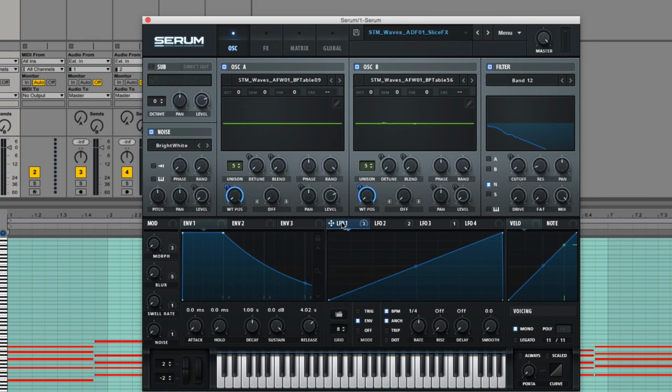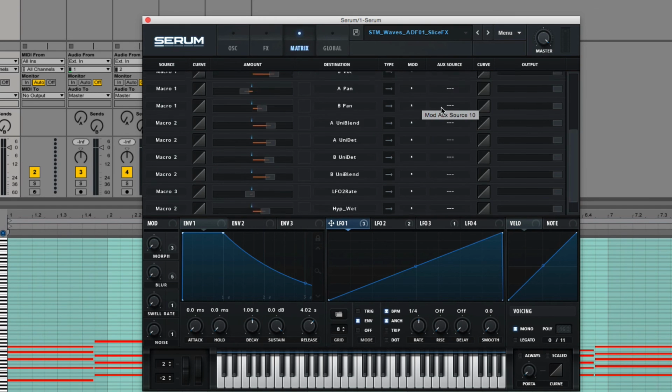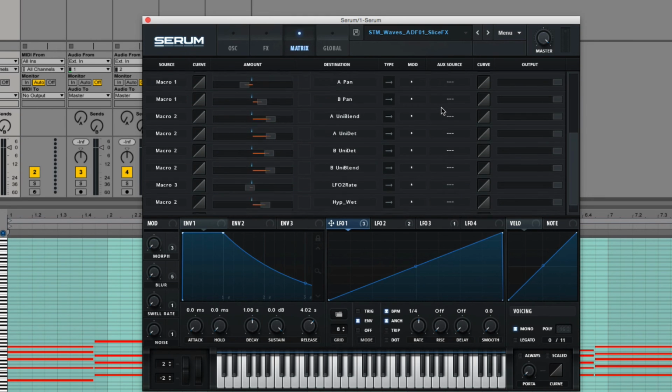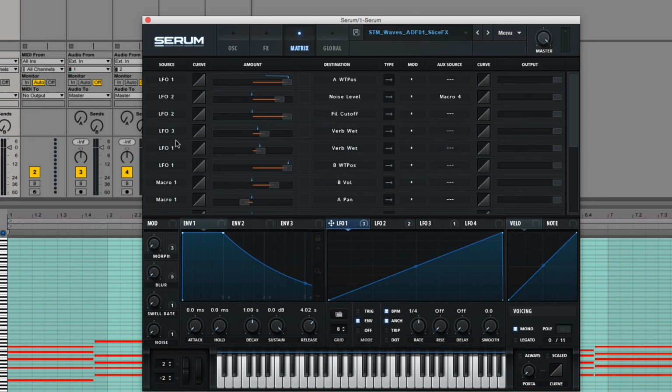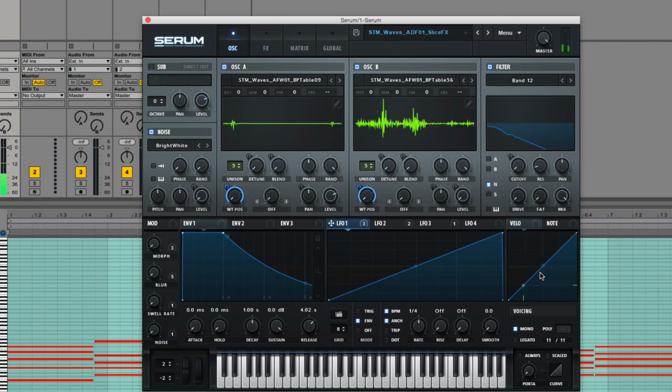So the main movement is having an LFO that's sort of used as an envelope on the wavetable position of both oscillators, and also on verb wet right here, so that the verb kind of swells as it evolves, and it's not an initially wet sound.